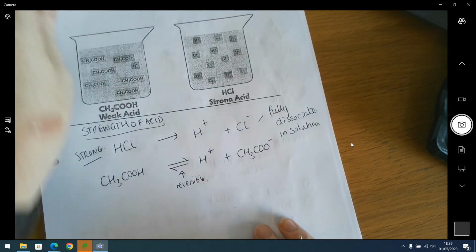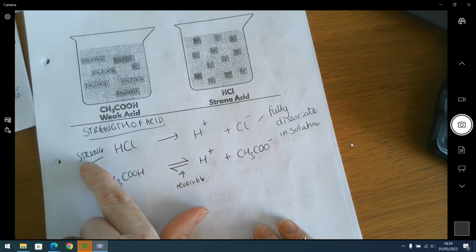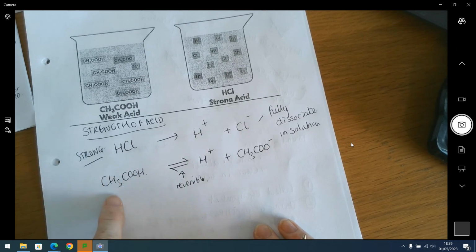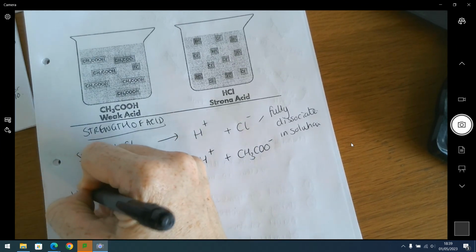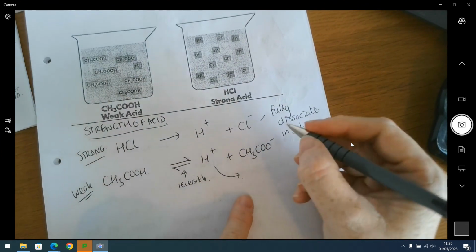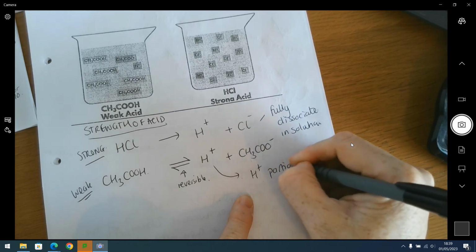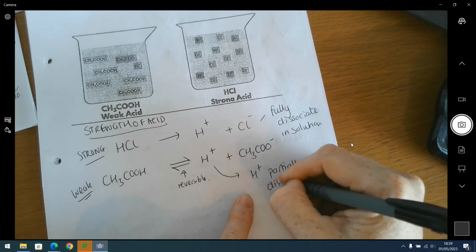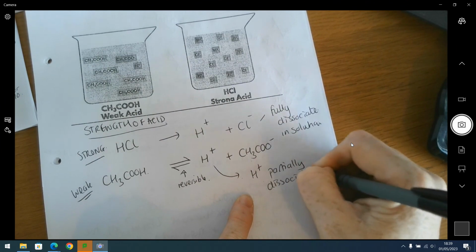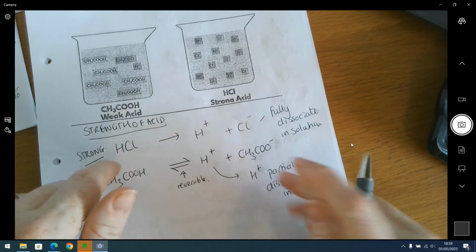Here in water, the strong acid will fully dissociate and separate, but I can't reverse it back. Again, that's what makes it strong. Whereas in my weak acid, only some of the ions dissociate. So we'd say the hydrogen ions partially dissociate in solution. And this process is reversible and can go back.